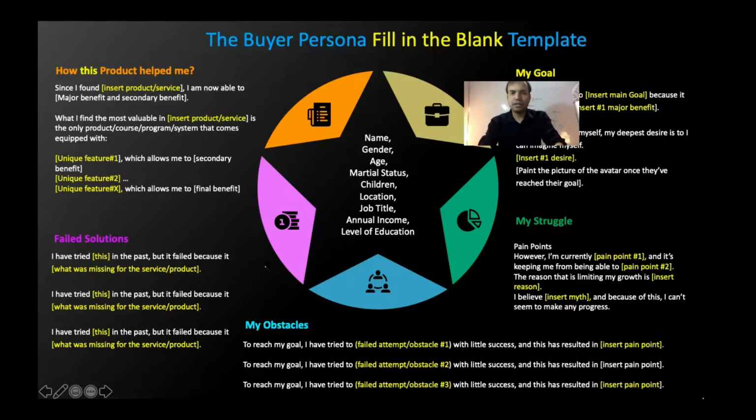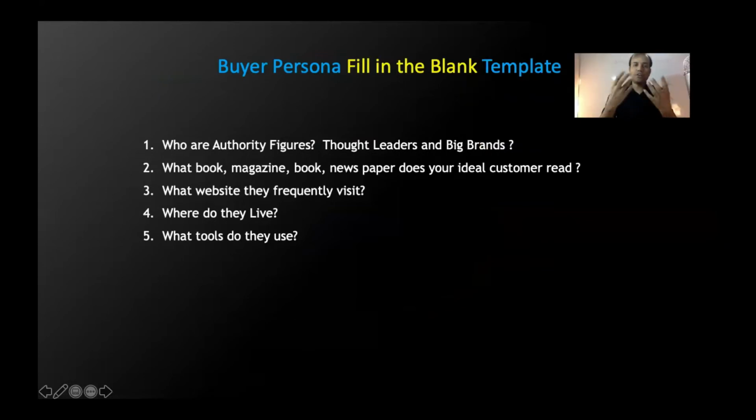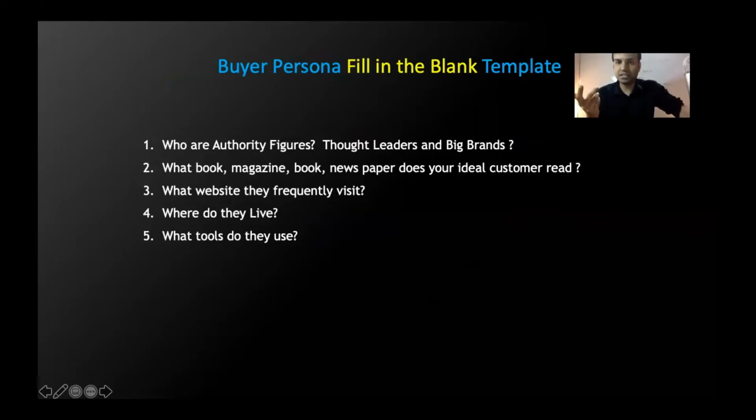So now after doing this, you have to also think about who your authority figures are. This exercise we have already covered in your previous session, but again you think about what authority figures or brands these people are following. These people means your prospect. Maybe if they want to learn SEO, they might be following Neil Patel.